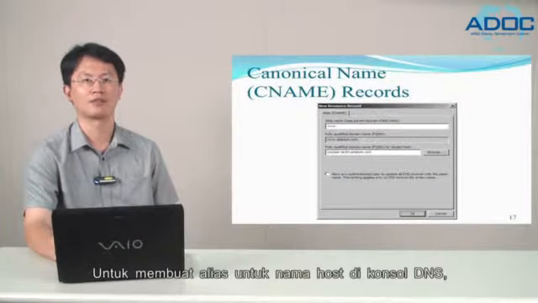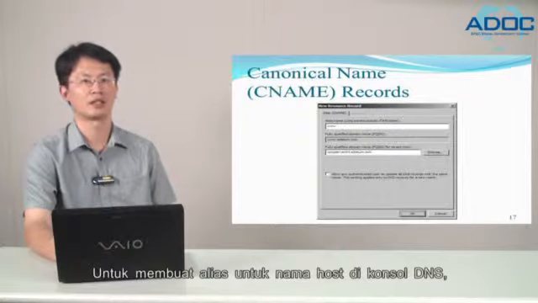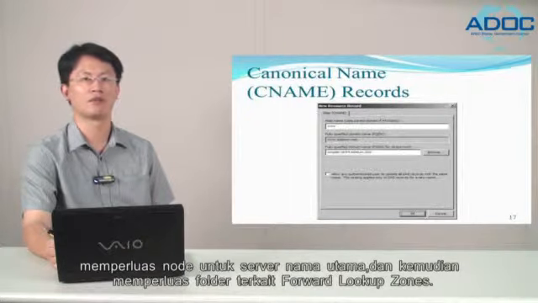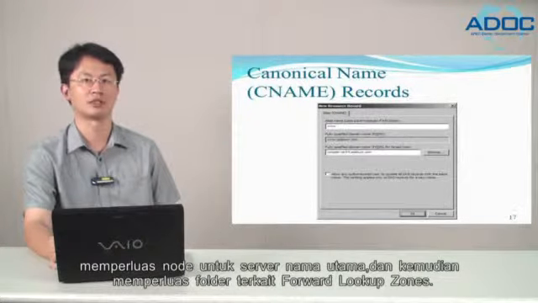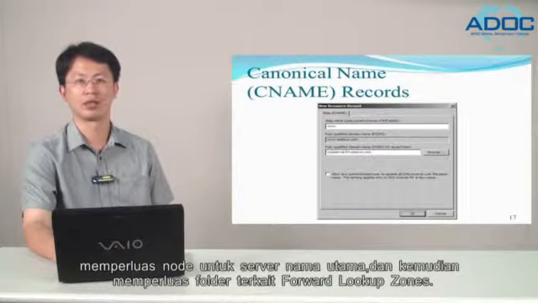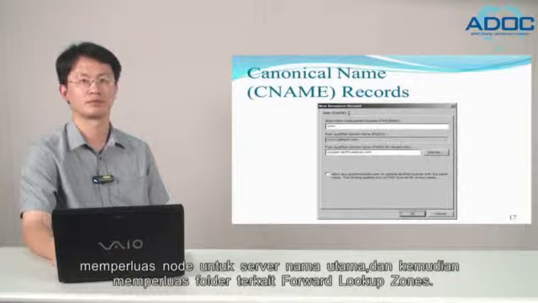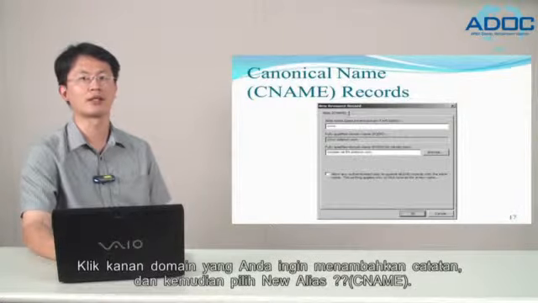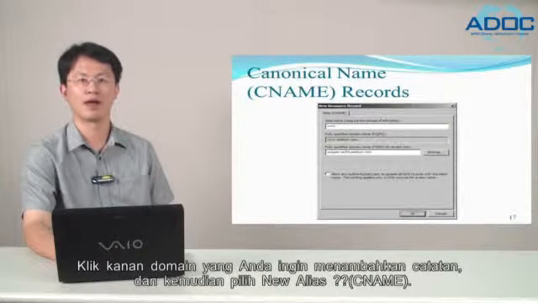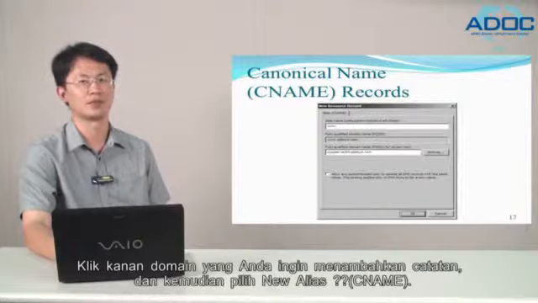To create an alias for a host name in the DNS console, expand the node for the primary name server, and then expand the related forward lookup zones folders. And right-click the domain to which you want to add the records, and then choose New Alias (CNAME).